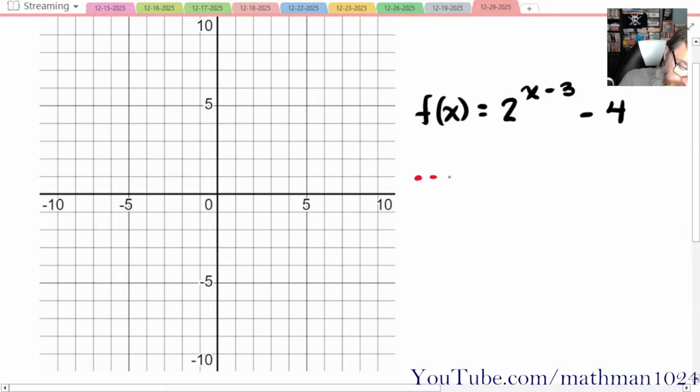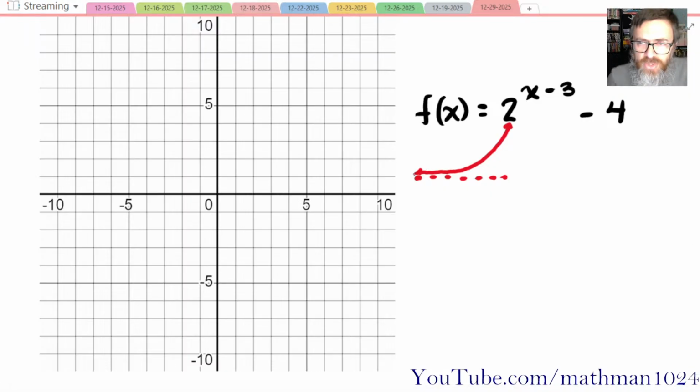We know there should be this horizontal asymptote, and because my base is something that's larger than 1, I expect it to be really small before it blows up as it goes out to the right.